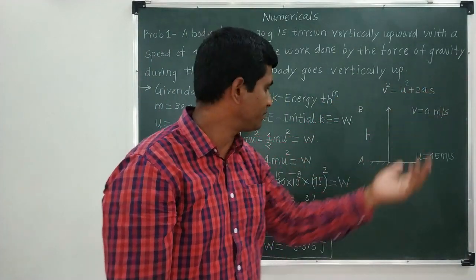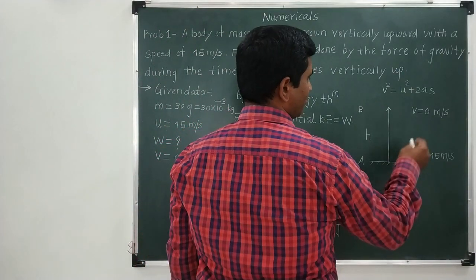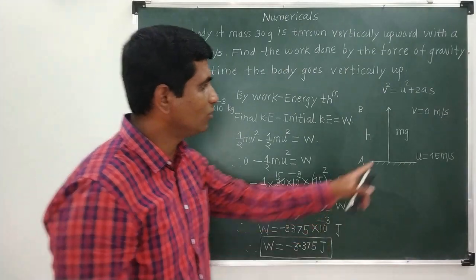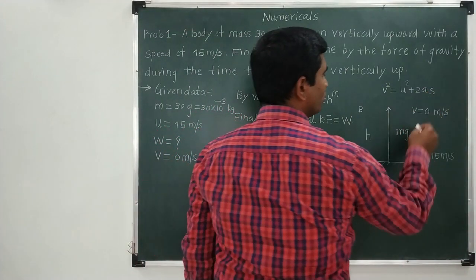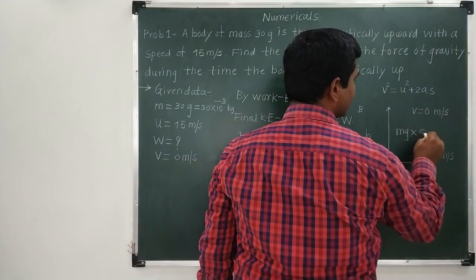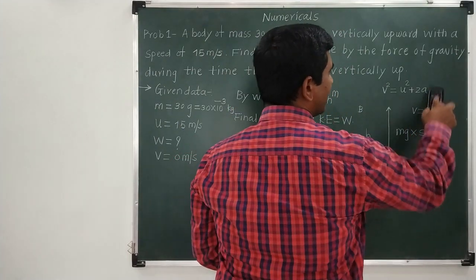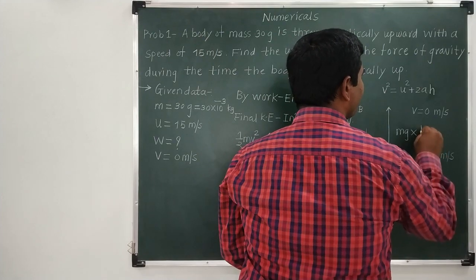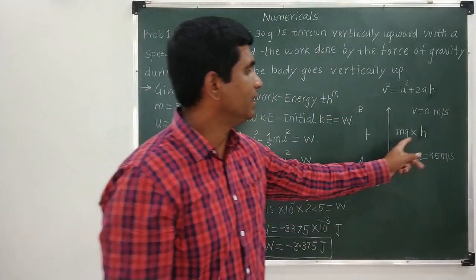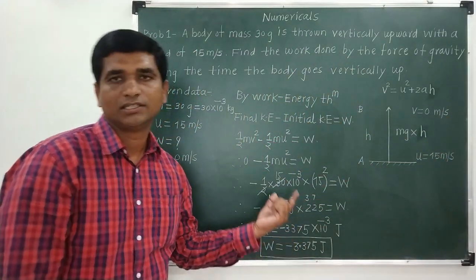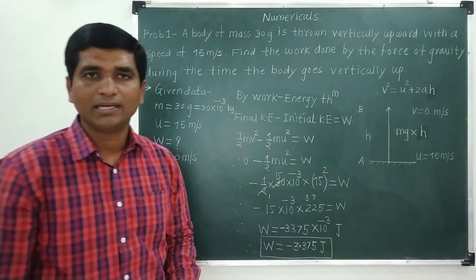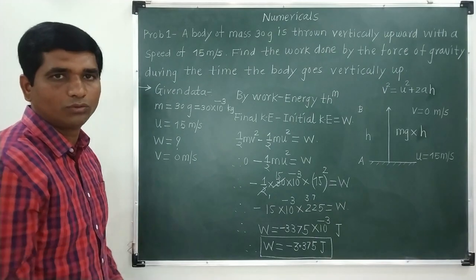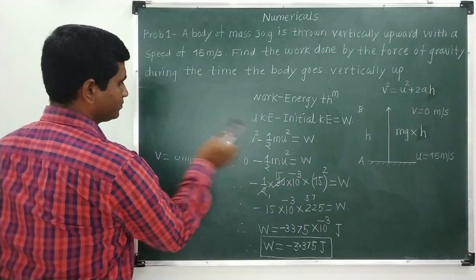And as the mass of the object is m, the gravitational force acting on it is mg, and if you multiply this by s, or in this case we have considered h, so we will write it as h. This will come out to be mgh, and you will get the same answer. You can even try this method as well. Now we'll move to our next problem.